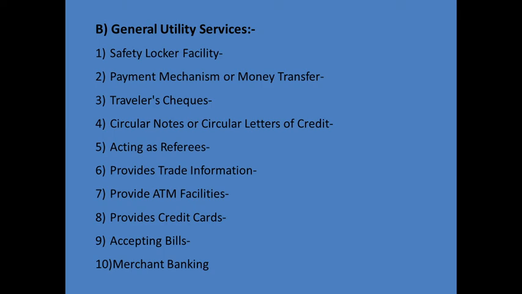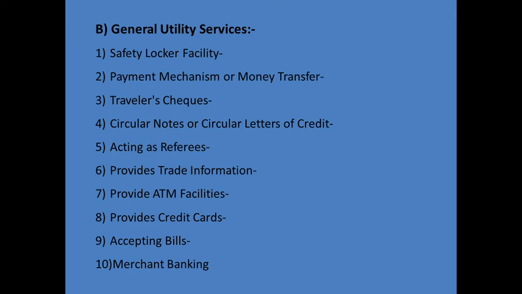The next function is merchant banking. The commercial banks provide valuable services through their merchant banking divisions or through subsidiaries to the traders. And this is the function of underwriting of securities.